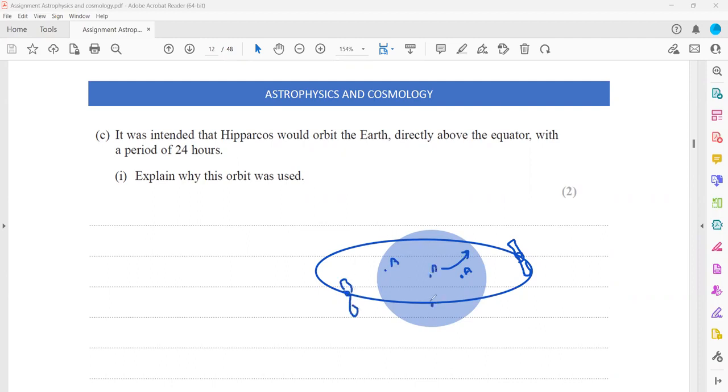If A is at this point, the satellite will be just above that. So it will make it easy to communicate. That's why geostationary satellites are relatively easy to communicate with as compared to other communicating satellites which are not geostationary, which change their position. So communication would be easier as it has a period of 24 hours, so it will always remain at the same point above the Earth.